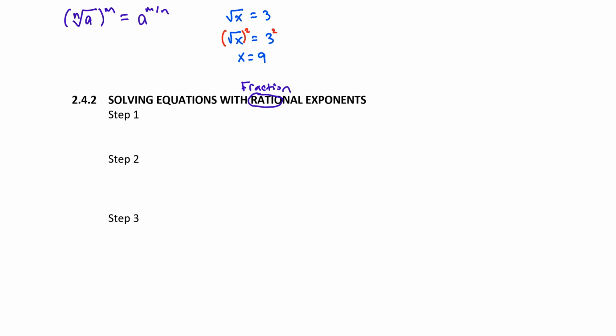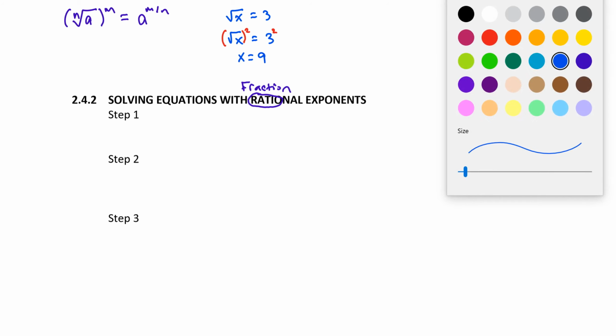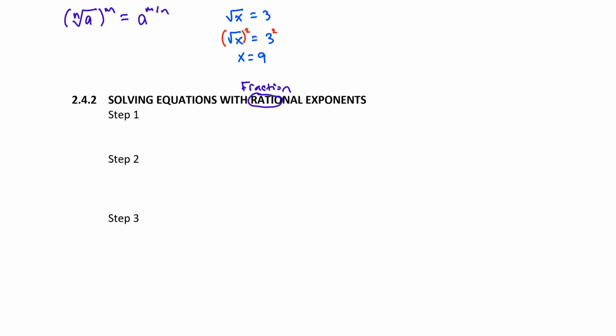Now, I'm going to give you the exact same equation, but this time using rational exponent notation. Using our guiding formula on the left and looking at our square root expression, notice in the square root of x, there's no index. That is, there's no number right there. If there is a missing number, we understand that the index of the radical is 2, or we're dealing with a square root.